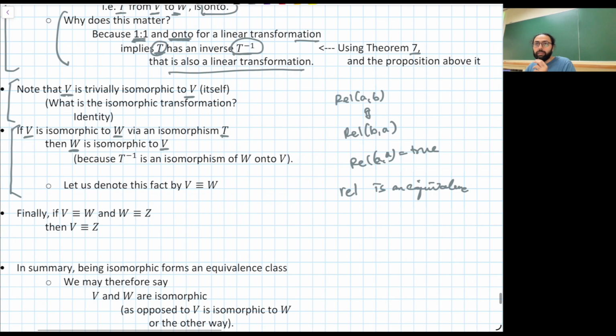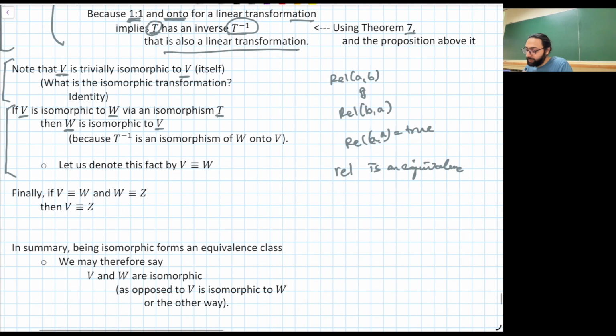You know this, right? This is just the property that if A, B are related and B, A are related and A, A is related, then you can think of this relation as being an equivalence in the normal sense.